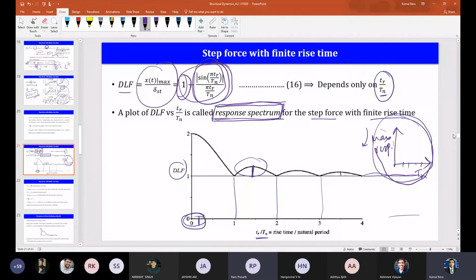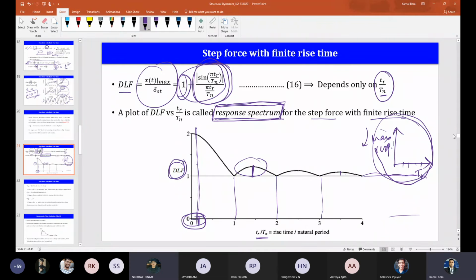Approximately, in this region, more than one, maybe 1.8. So at 0 it is 2.